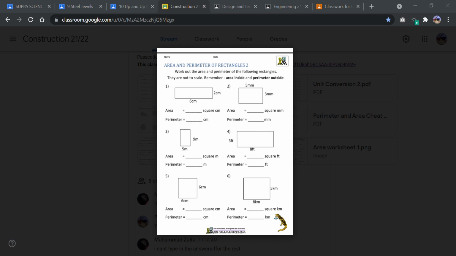This side is also 20 millimeters. Yes, that's right. Thank you. So now, this side 60 plus 20 plus 20 plus 60. Yes, so it's 60 plus 20 plus 60 plus 20 equals to how much?